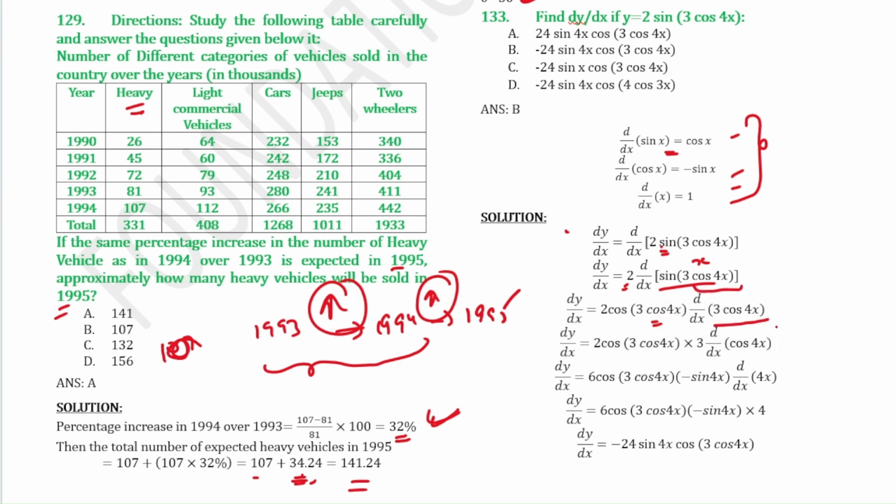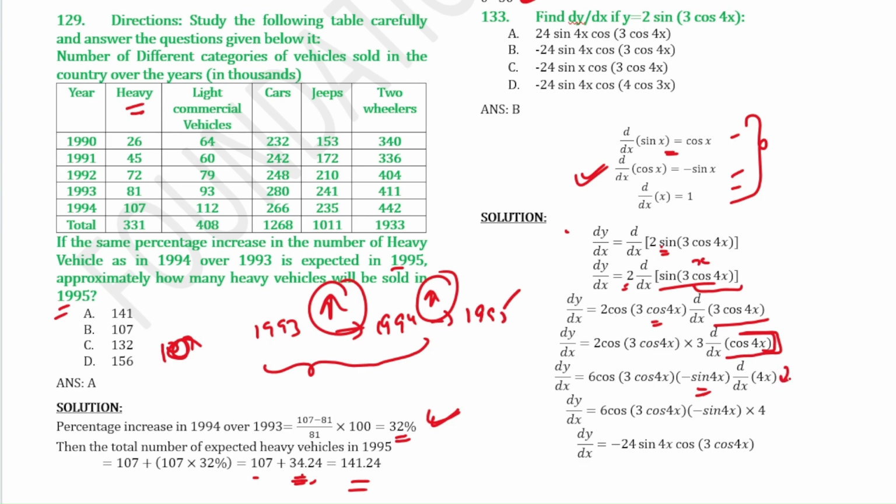Now we have to do a differentiation again. 3 you can take out because it is a constant. After taking it out, if you see this part carefully and compare it with this one, differentiation of cos x will give you minus sin x, right? So differentiation of this one will give you minus sin 4x. Now 4x remains.